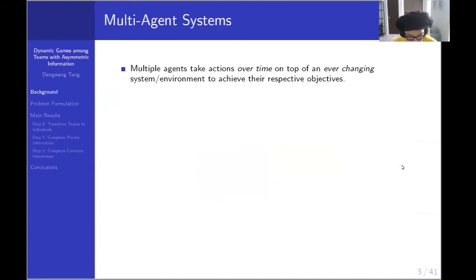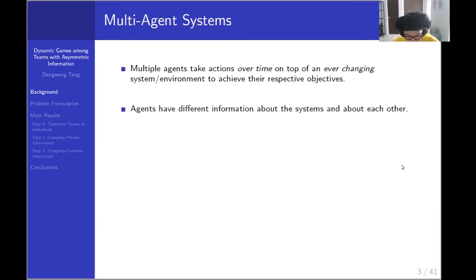So first, let me talk about multi-agent systems. Multi-agent systems can model many engineering and socioeconomic settings. In these systems, multiple agents take actions over time on top of an ever-changing system or environment to achieve their respective objective.